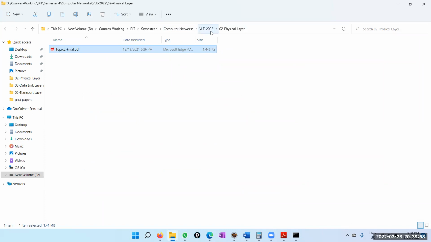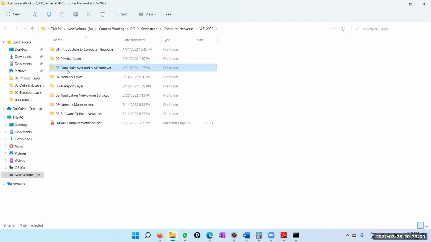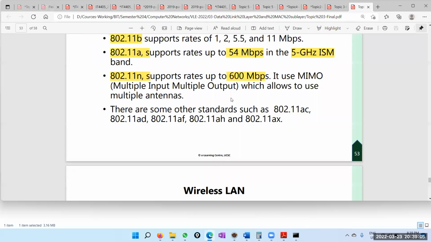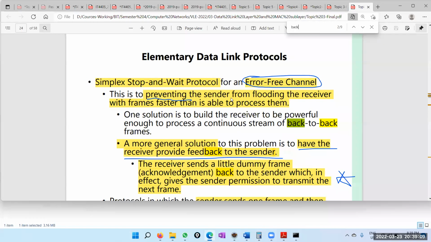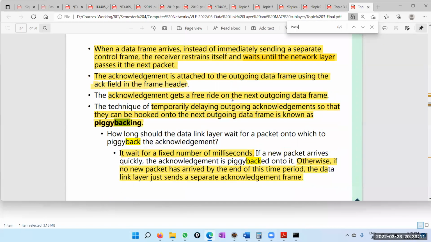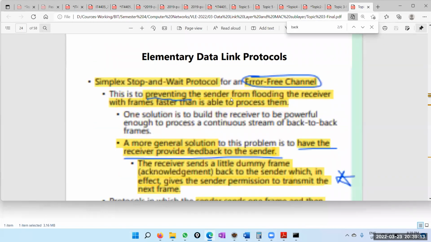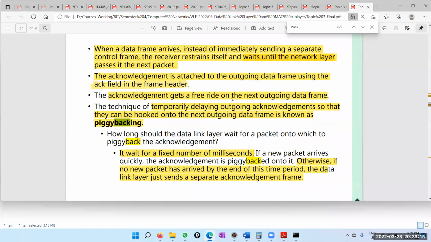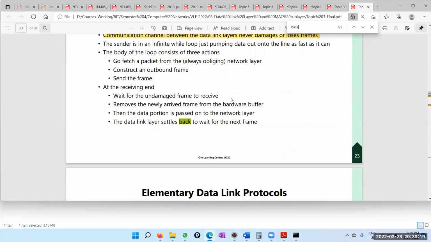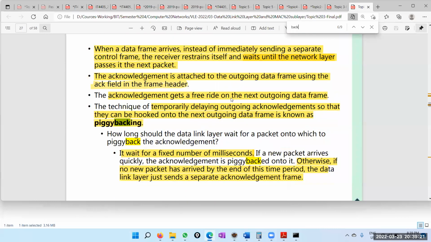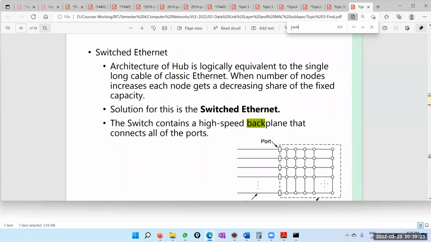So we discussed those in the logical link, yes, logical link. CSMA/CD.